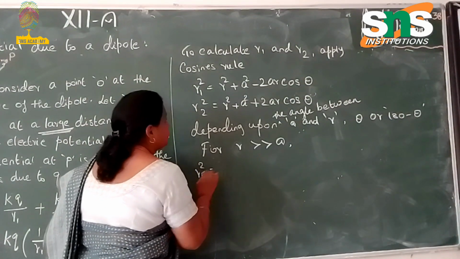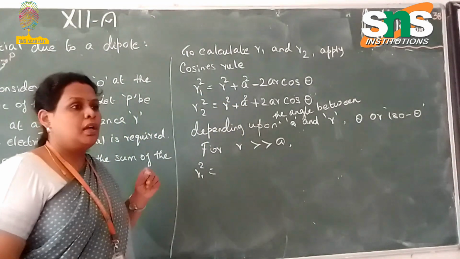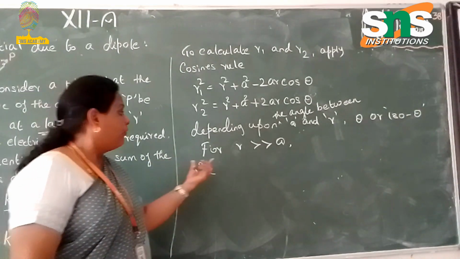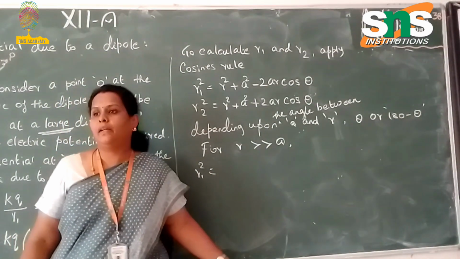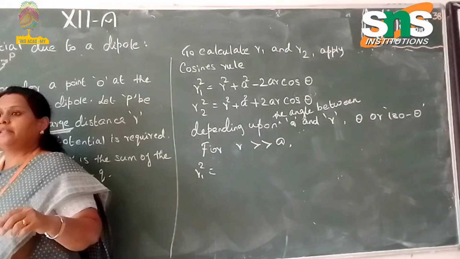R1 square equal to, now I am going to take this R square outside. With this assumption, now I am going to proceed by derivation, if R is very much greater than this distance A.